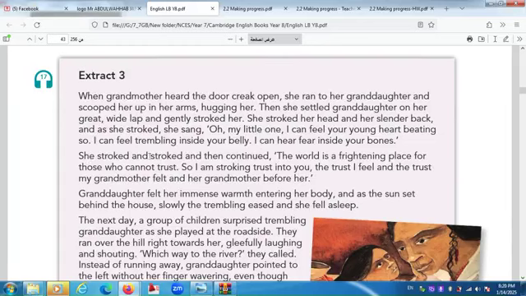She stroked and then continued, "The world is a frightening place for those who cannot trust. So I am stroking trust into you, the trust I feel and the trust my grandmother felt and her grandmother before her." Granddaughter felt her immense warmth entering her body, and as the sun set behind the house, slowly the trembling eased, and she fell asleep.